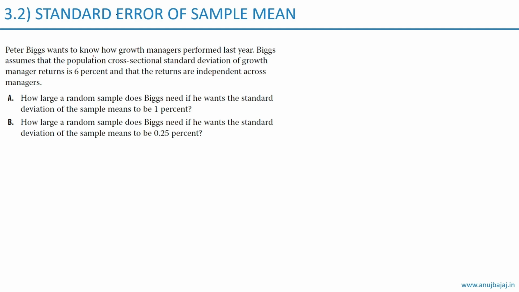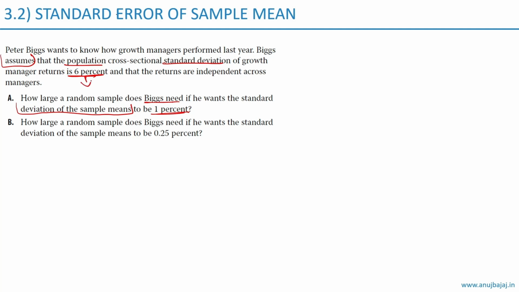Peter Biggs wants to know how growth managers performed over the last year. So Biggs assumes that the population's standard deviation is 6%. Then how large a random sample does Biggs need if he wants the standard error of the sample mean to be 1%?